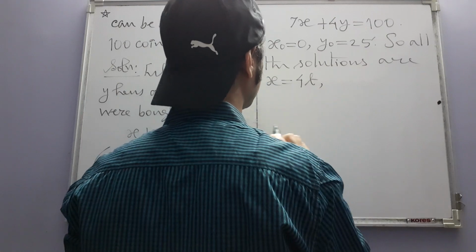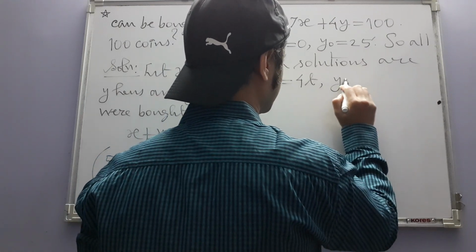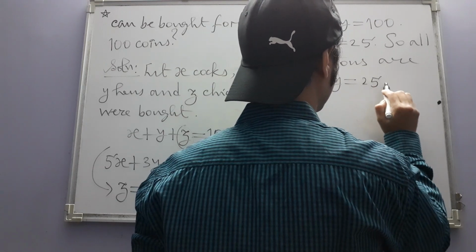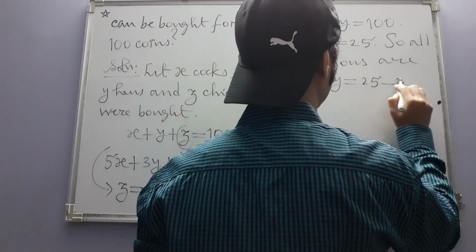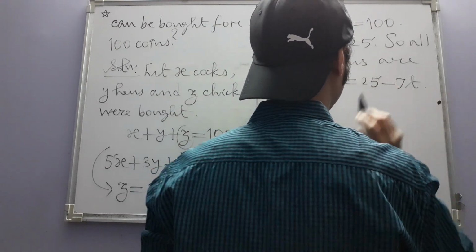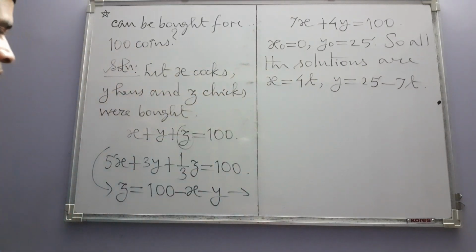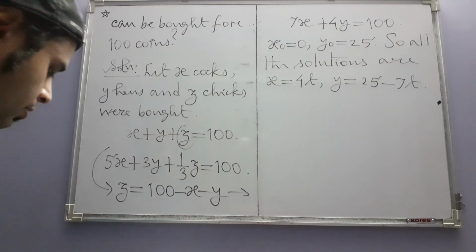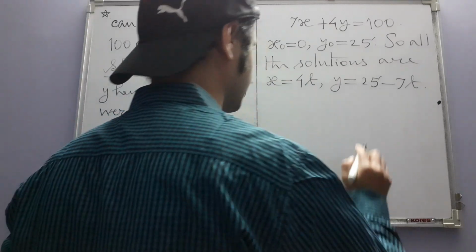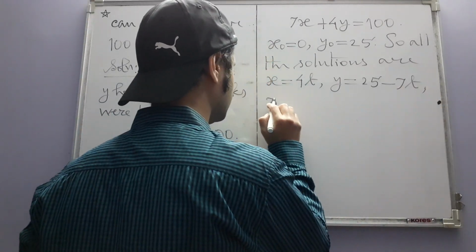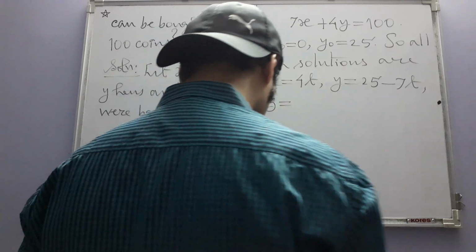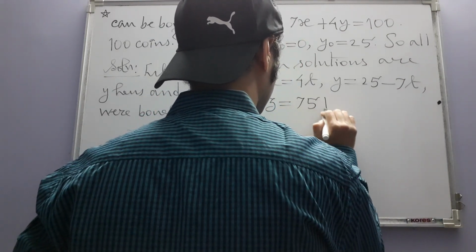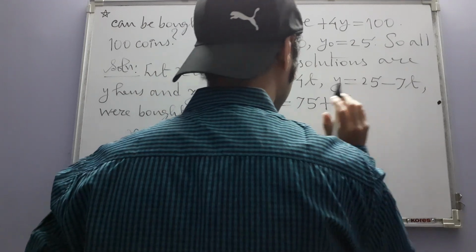So x equals 4t, just simply 4t, and y is equal to y naught minus 7t. And if we use these values, then we get an expression for z also, in terms of t. That expression becomes 75 plus 3t.